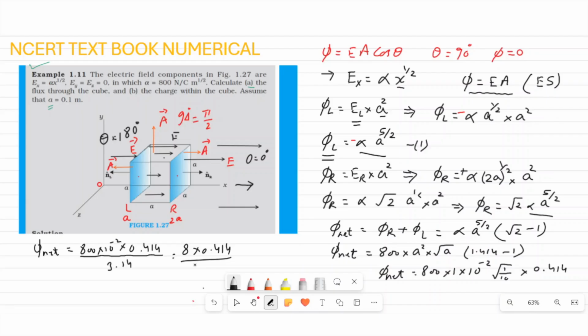So net charge is equal to net flux, which is 1.05 multiplied by 8.85 into 10 raised to power minus 12. Solve this, you will get the charge in coulomb.